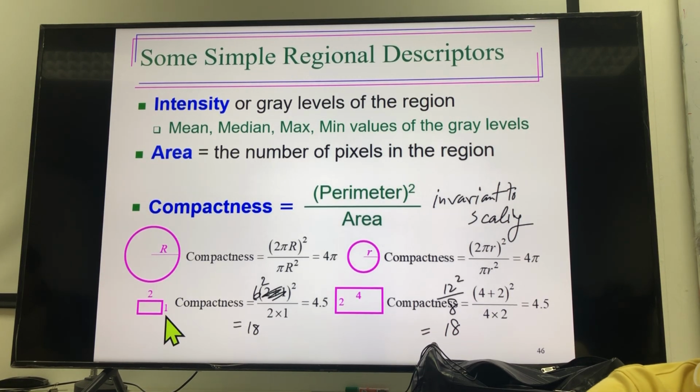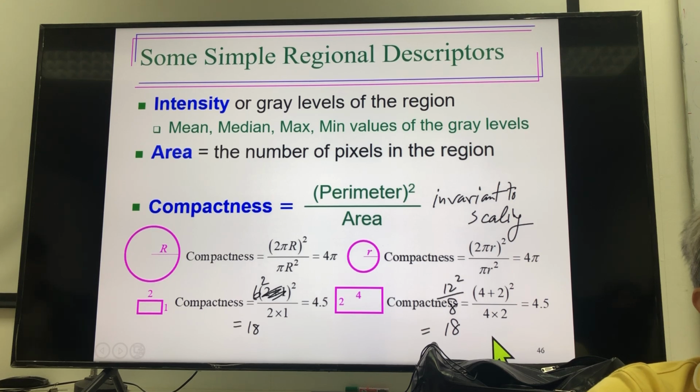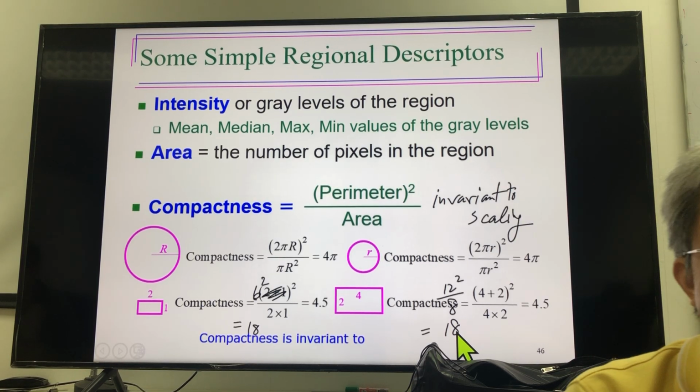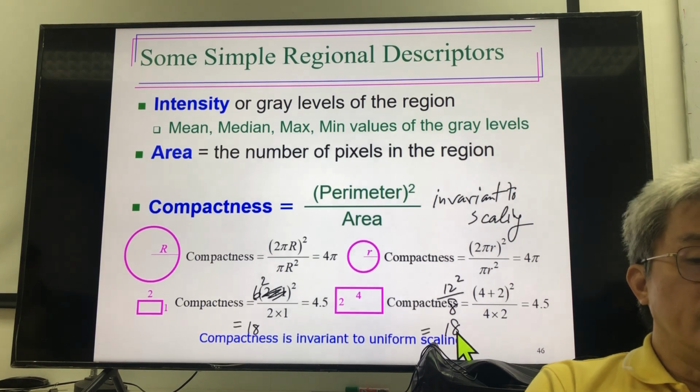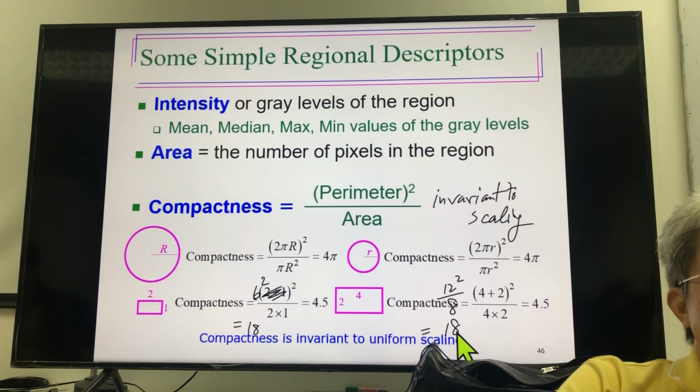For the compactness of this rectangle, which is twice as large, you can see that it's also 18. Okay. You can see that the compactness is invariant to uniform scaling.